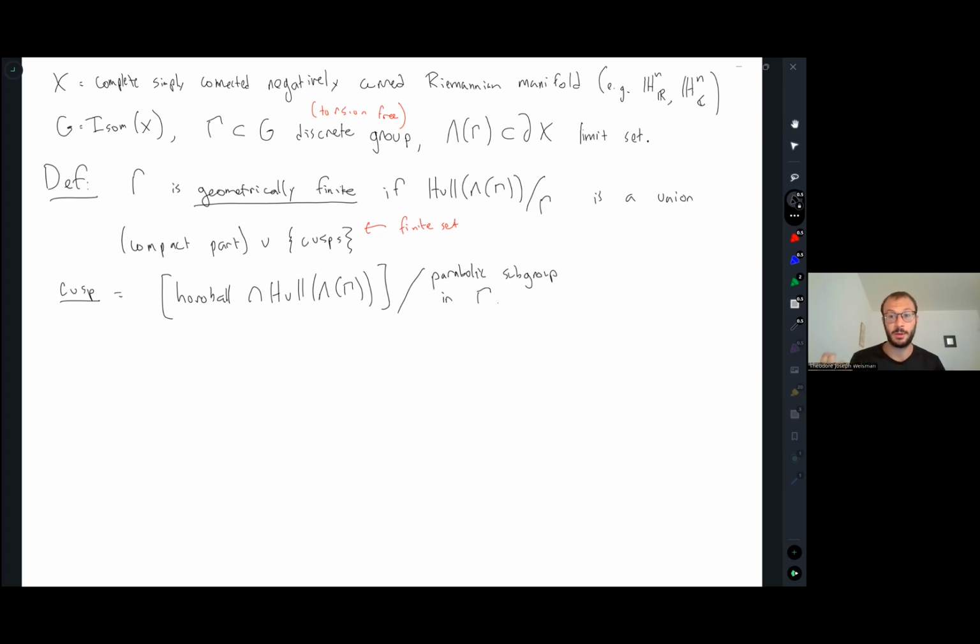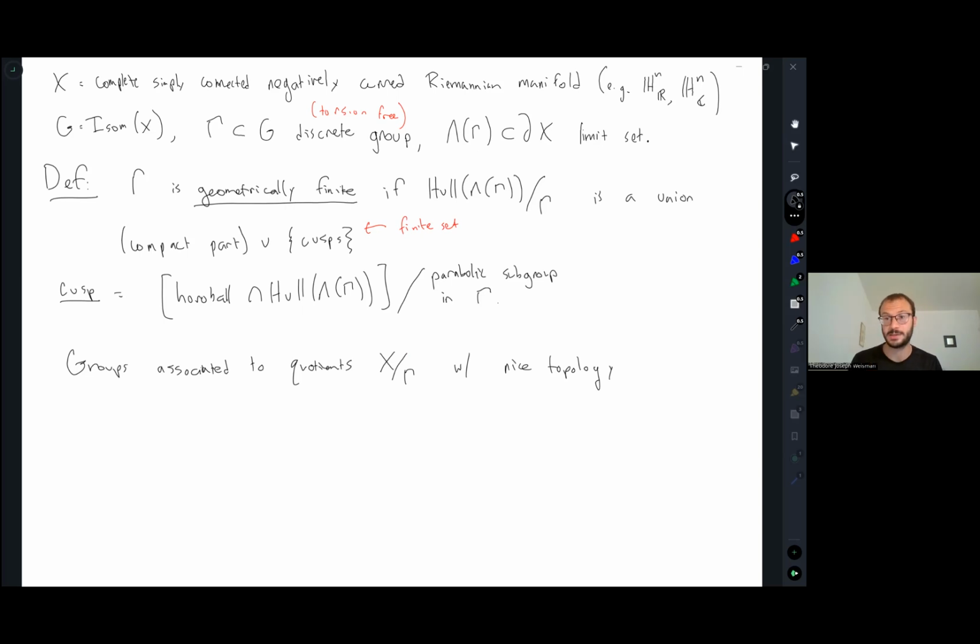And this is supposed to be the analog of the kind of cusp that I saw attached to my finite volume surface or finite type surface on the previous slide. So you want to think about geometrically finite groups as being the groups which are associated to quotients of this negatively curved space X by some discrete Gamma, where the quotient has some nice, or controlled, topology.